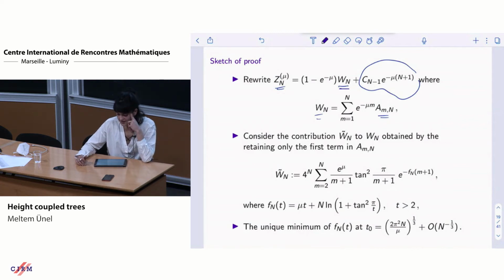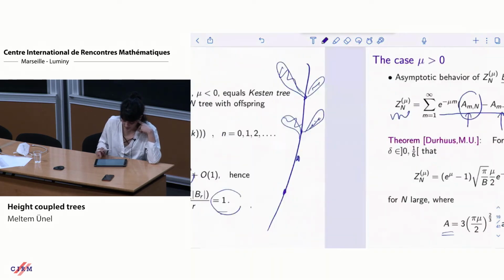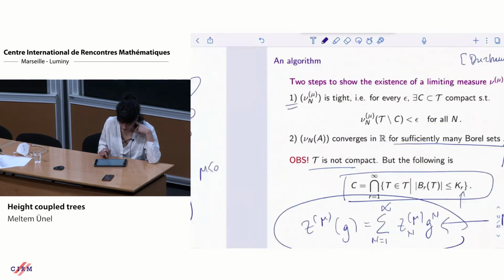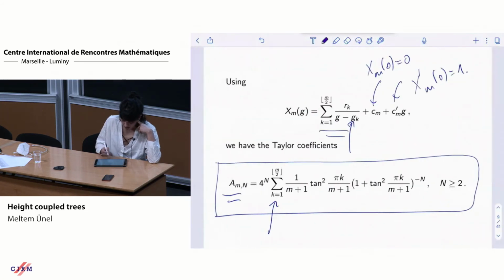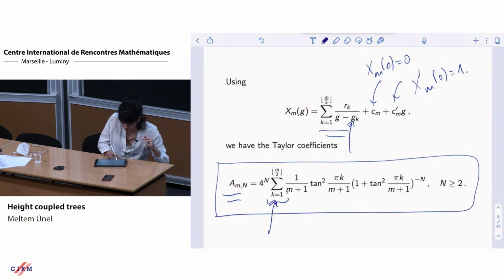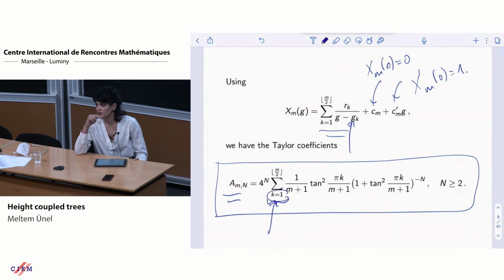And remember that these AMNs, maybe it's good to look at them actually. There was this sum here, so I'm going to look at the contribution from AMNs that comes only from k equal to 1 part of these AMNs, and that is actually the term that comes from the dominant pole, the pole that is closest to 0.